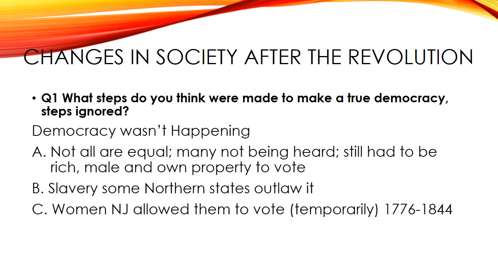New Jersey is the first state to allow women the right to vote, and it was temporary, 1776 to 1844. When we change our Constitution in 1844, we take that right away. Now, this would be women who owned property, but still, women did have a chance to vote in New Jersey.